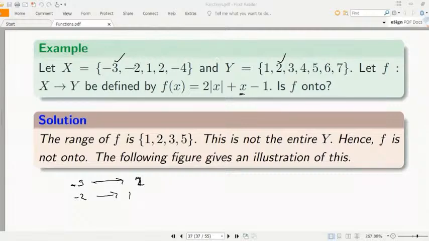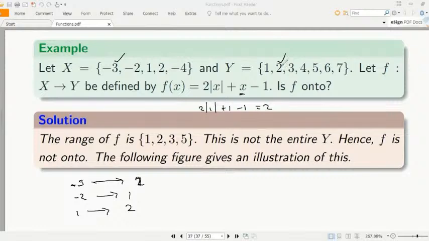Now, what is the next element? It is 1. What will 1 be assigned to? It will be 2 times the modulus of 1, plus 1, minus 1. This is 2, so 1 is assigned to 2.